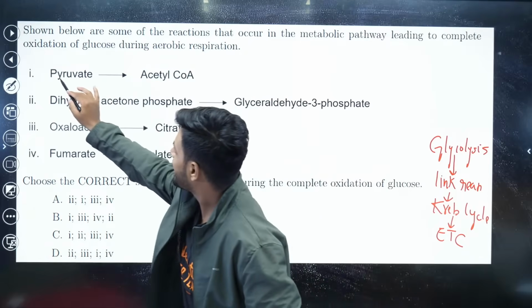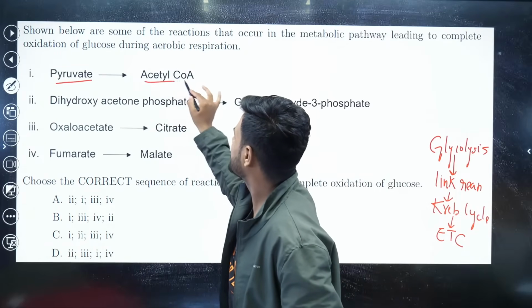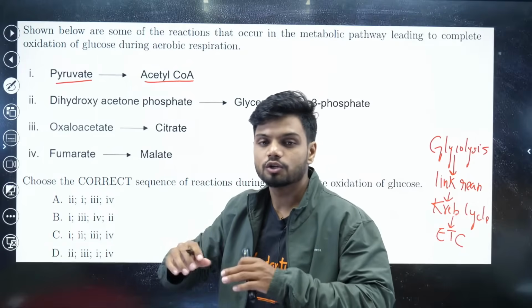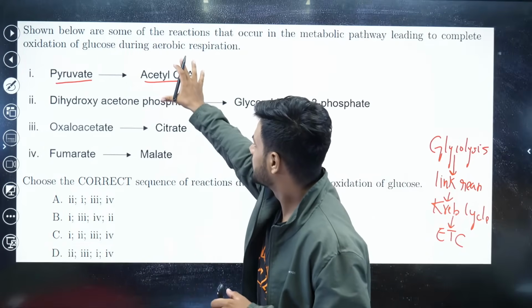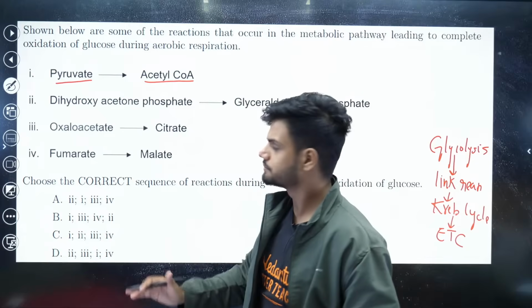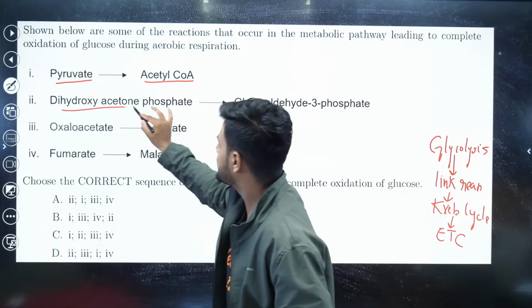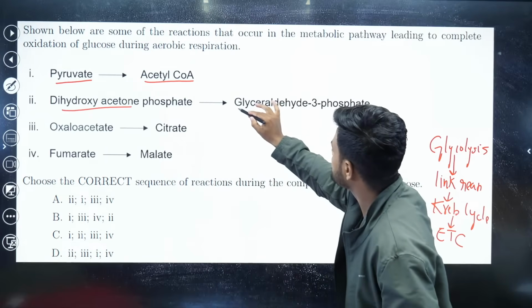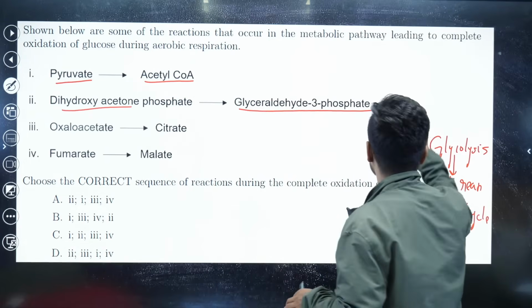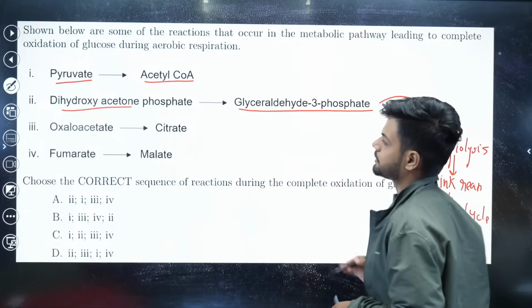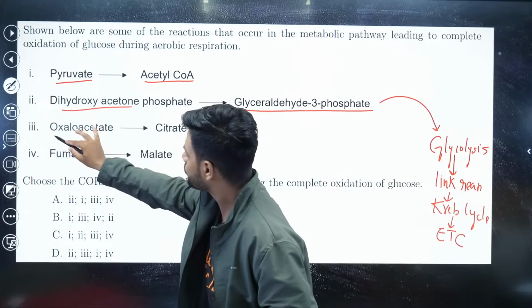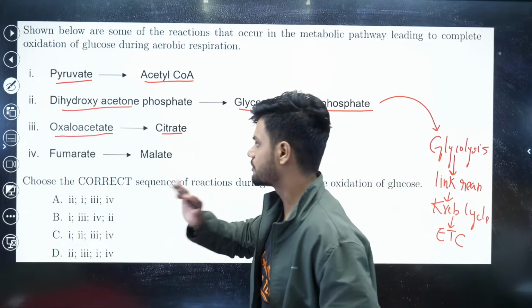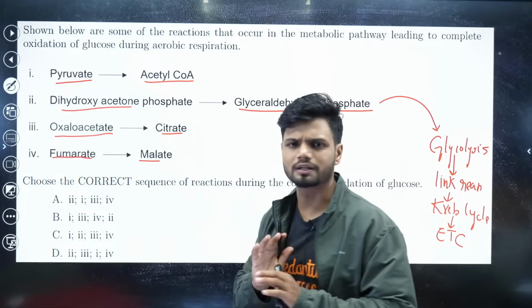First of all, pyruvate to acetyl-CoA. Pyruvate is getting converted to acetyl-CoA. That does not belong to glycolysis. DHAP, that is dihydroxyacetone phosphate, is getting converted to glyceraldehyde phosphate. This belongs to glycolysis. Then we have oxaloacetate to citrate, not glycolysis. Fumarate to malate, not glycolysis.